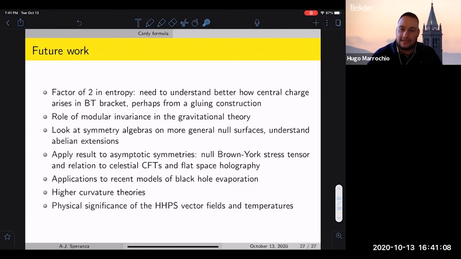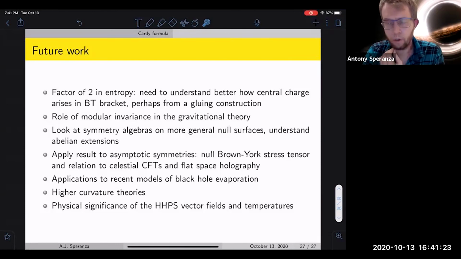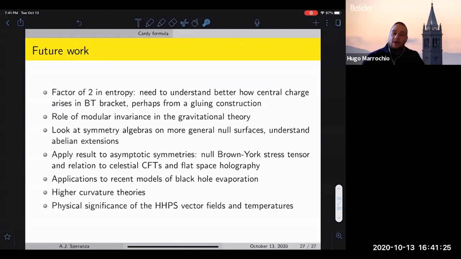So I think first, you're talking about using these for different null surfaces. Is there some trouble with doing that for regular subregions in gravity? Sorry, what do you mean by regular? I see here in future work that you want to investigate more general null surfaces.